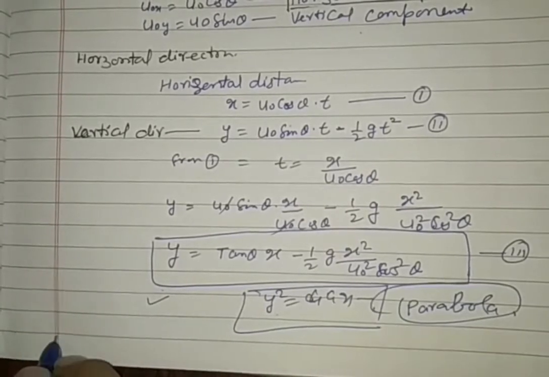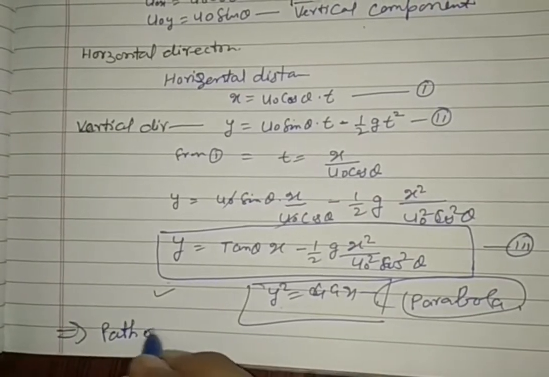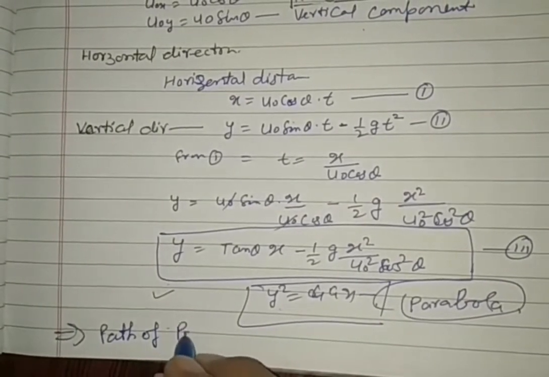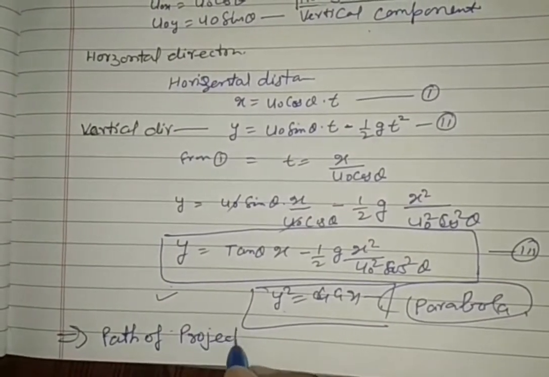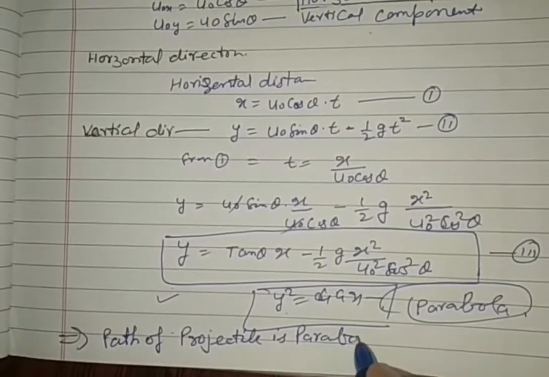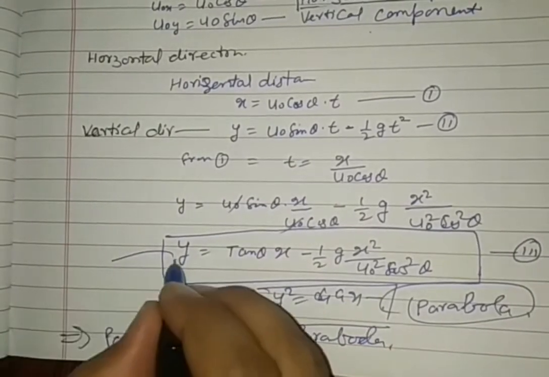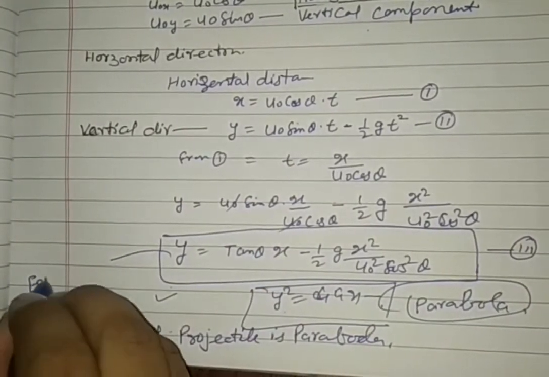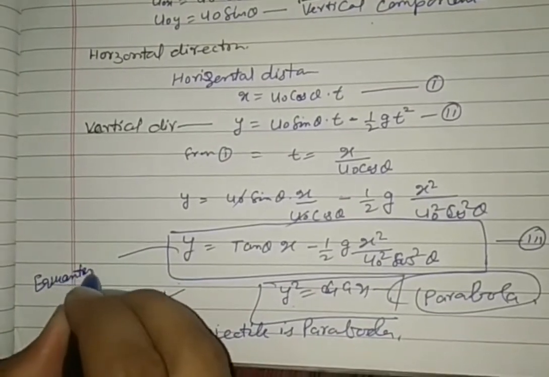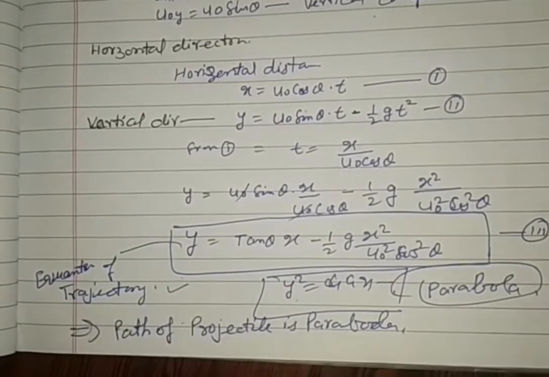It implies that the path of a projectile is a parabola. Equation 3 is called the equation of trajectory.